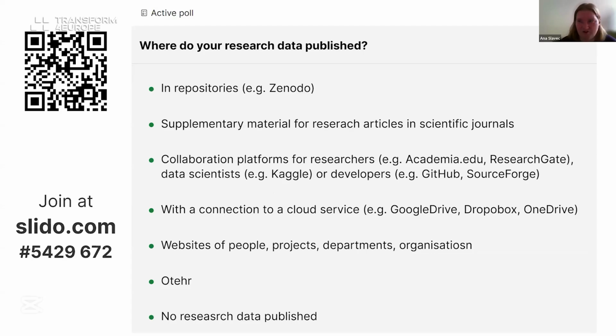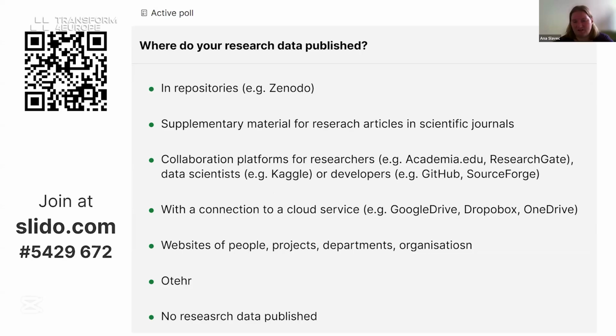And then, another option, which is very popular, is sharing data in cloud services, from Google Drive to OneDrive, which is something I wouldn't recommend, not because of data protection, but because this link is not something that, in the long term, is in line with the practices of FAIR.